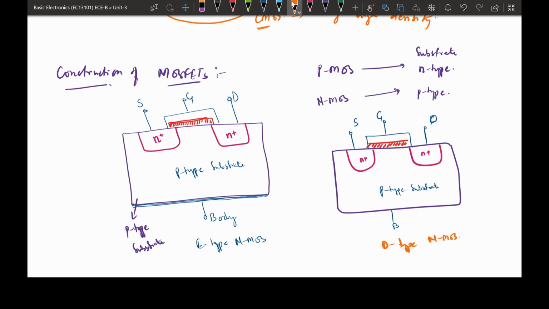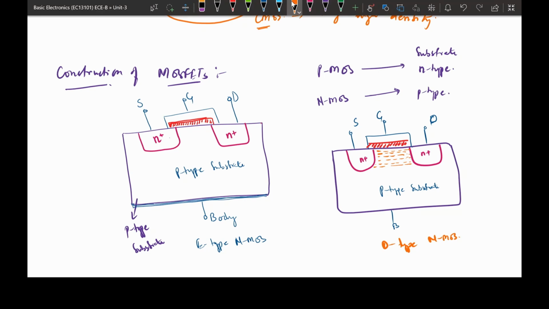That means as we apply the negative terminal between gate to source, the positive charges will be coming out here. So initially there will be electrons, so there will be a channel formed. Already there will be a channel, and that channel is having electrons available in it. So electrons are available already.